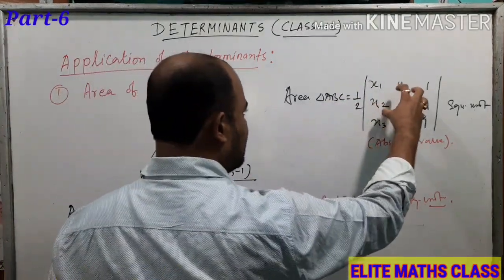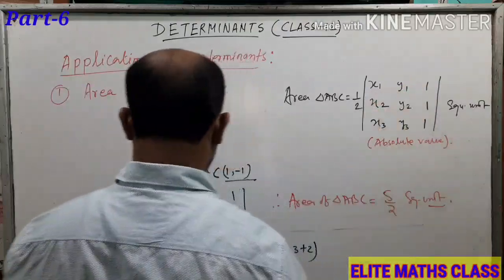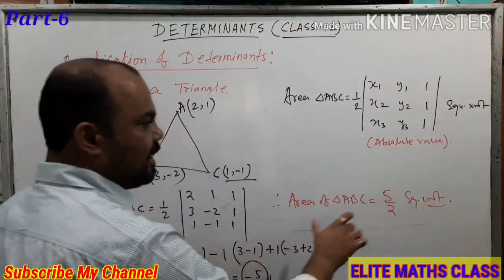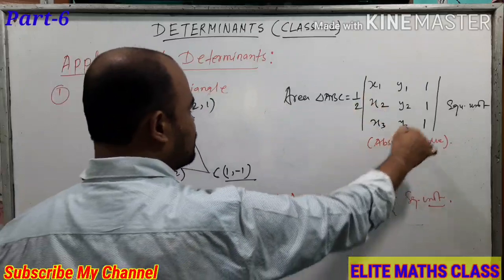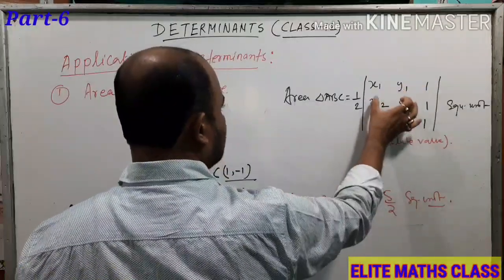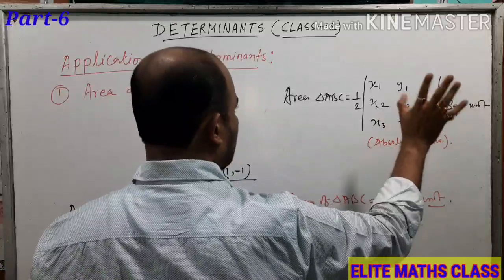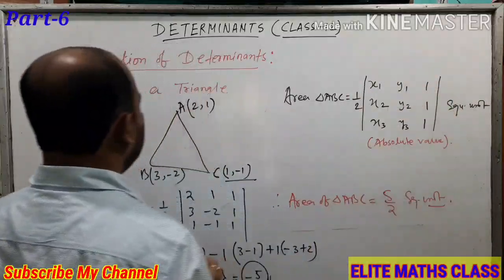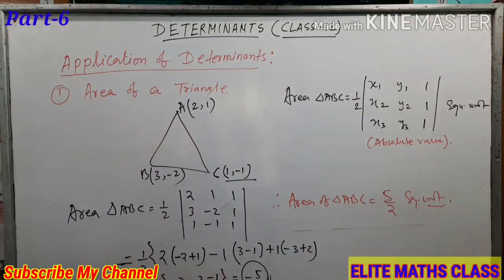This is also very easy to memorize, as the coordinate geometry formula is a lengthy expression. So in this short form, just put the values of the coordinates and the last column is 1, 1, 1. That's all. So hope the application of determinant, first one, how to find the area of a triangle, is clear.